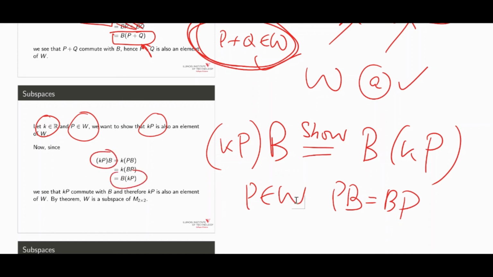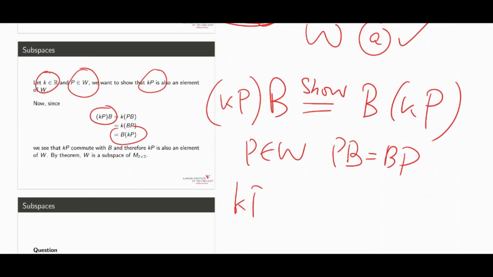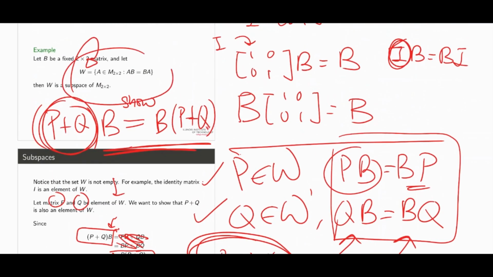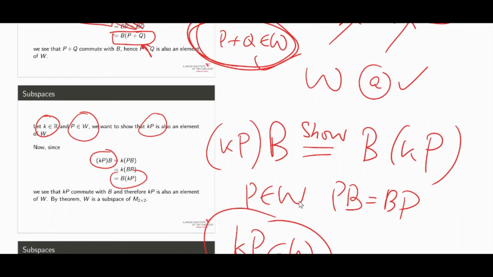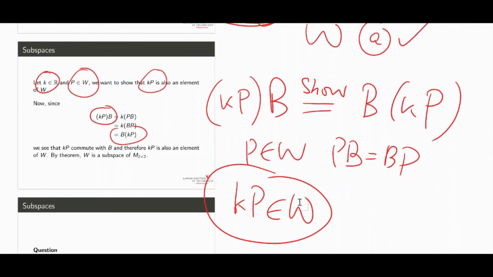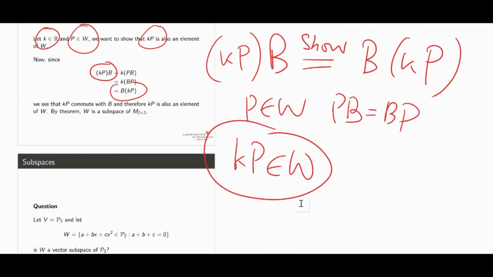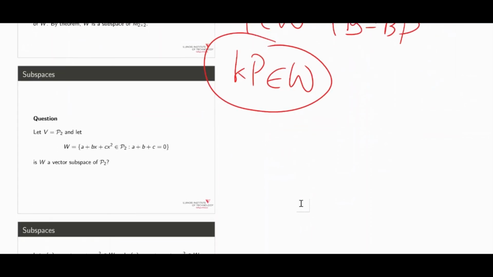So obviously, now you see that your KP is also an element in W, which means that scalar multiplication is closed. So the set W is closed under scalar multiplication. Therefore, we know that this set W is a subspace of M2 by 2 because it is both closed under addition and scalar multiplication.